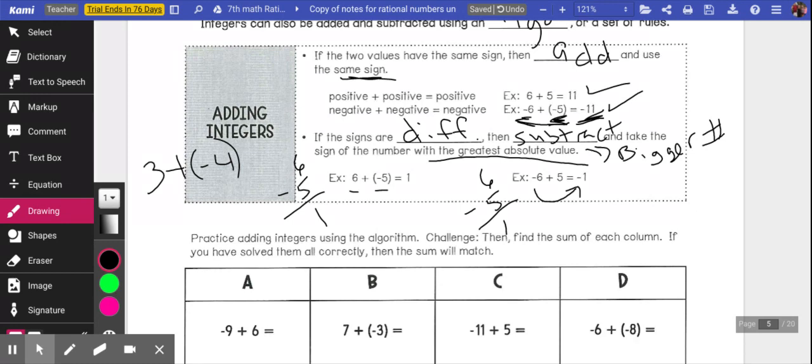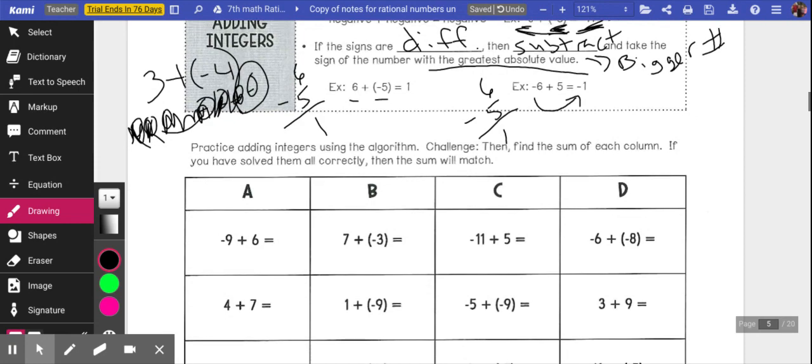So if you have 3 good people and then you have 4 negative people and they're fighting, each one is going to fight each other. So these two are going to fight and kill each other. And then this one's going to fight that one and they both die. And then this one's going to fight that one and they both die. And then there's one negative left over. So that's where you get the sign of the bigger number.